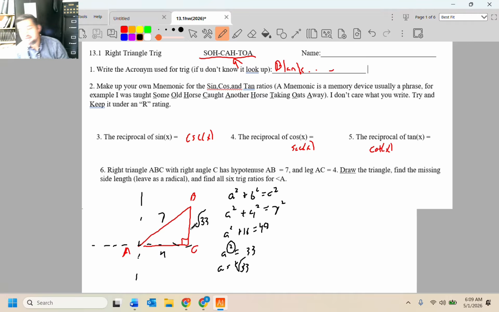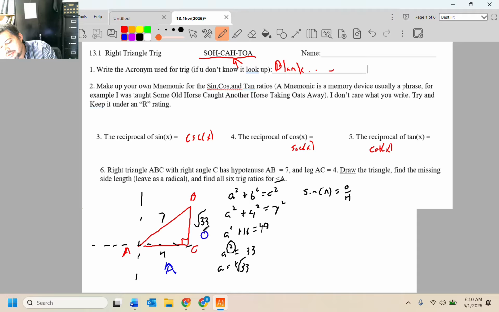Now you're supposed to find all 6 trig ratios, and this is going to take a while. First off, we have the sine of angle A, and that would be the opposite over hypotenuse. So I'm going to take a minute and label everything. 4 is next to angle A, but not the hypotenuse. That's the adjacent side.